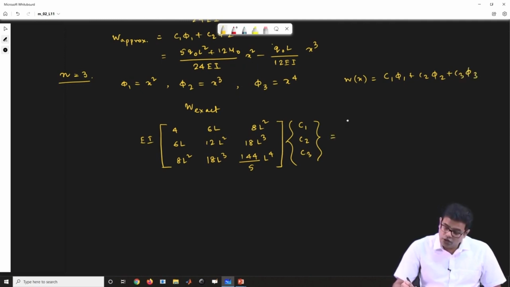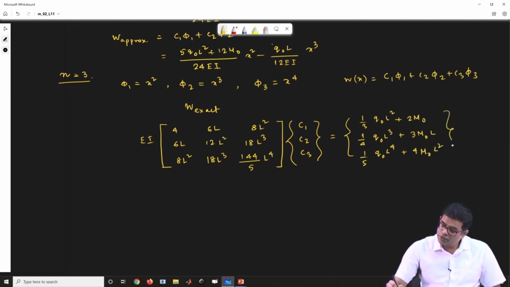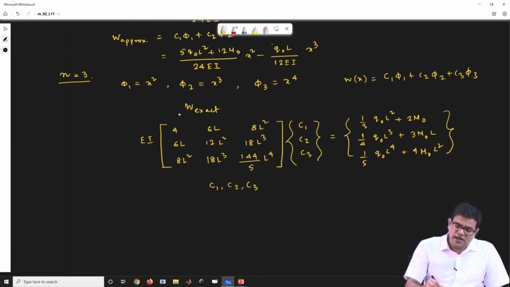Then this is equal to the integral: 1/3 Q0 L square plus 2m0, and that is 1/4 Q0 L cube plus 3m0 L, and then 1/5 Q0 L to the power 4 plus 4m0 L square. So this is my final matrix equation.